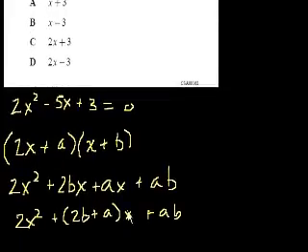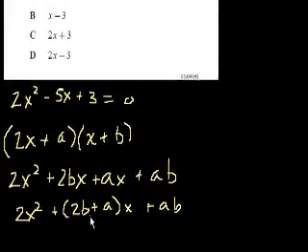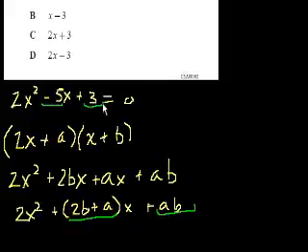This was our original thing. So 2 times b plus a has to be equal to, right, this term is the same thing as this term right here. And that term has to be the same thing as that term right there. So first of all, I have a positive 3 here, so I'm multiplying two numbers to get a positive 3. So they either have to be both positive or both negative, right?